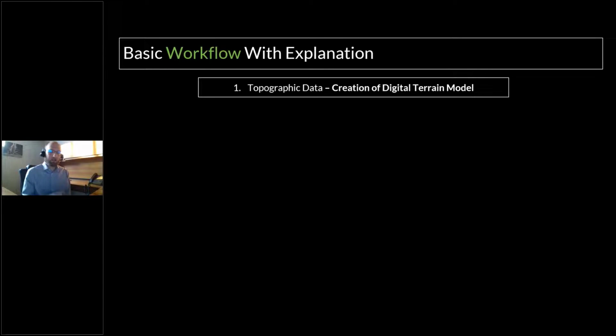And the content that we're going to cover is applicable for other data types, but the workflow changes if you're using conventional survey data. Conventional survey data is great, but oftentimes you don't know where to put your road when you first start out.